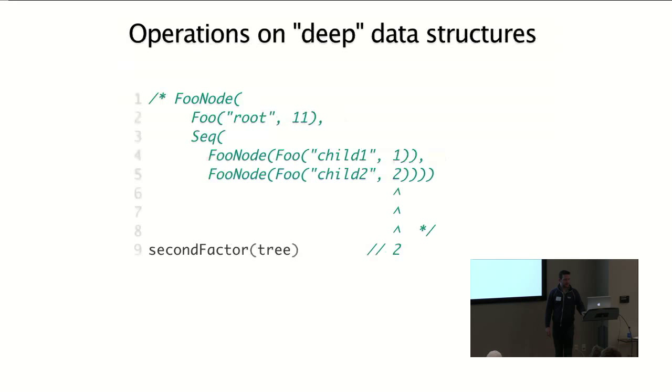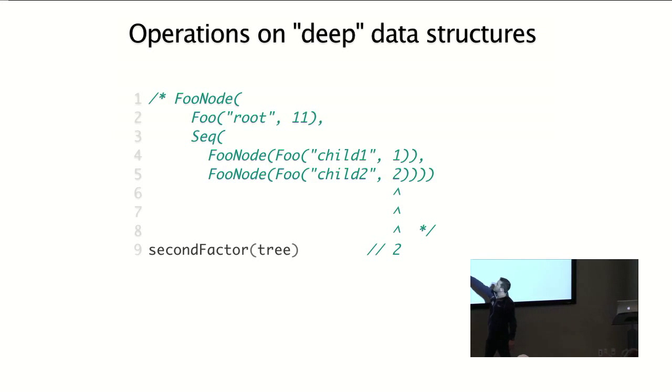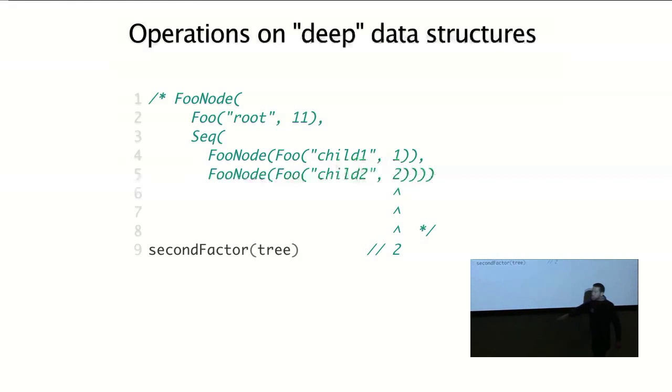So then, if I use this combine thing, I combine those sort of refactored parts into this one new lens. So now I pass a tree into it. This second factor is the guy who goes deep. So then I get back 2, which is the deep value right there.